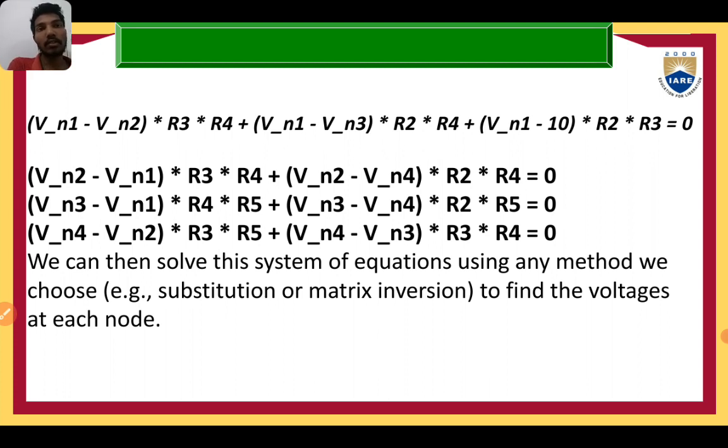(Vn3 minus Vn1) into R4R5 plus (Vn3 minus Vn4) into R2R5 equal to 0. (Vn4 minus Vn2) into R3R5 plus (Vn4 minus Vn3) into R3R4 equal to 0. We can solve the system of equations using a method of our choice, for example substitution or matrix inversion, to find the voltages at each node.